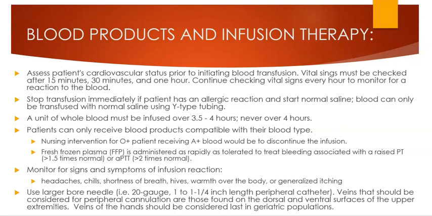So when you're preparing to administer these packed red blood cells, like I said, you really have to assess your patient first. Make sure they're in good status and they're in good circulatory health before you start transfusing. Once you get the blood from the blood bank, you have 30 minutes to start infusing it.